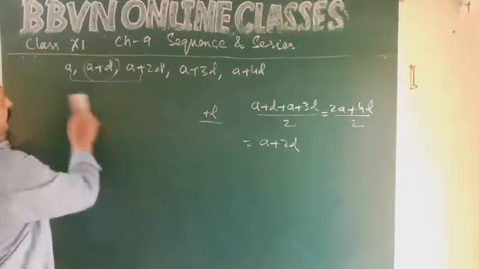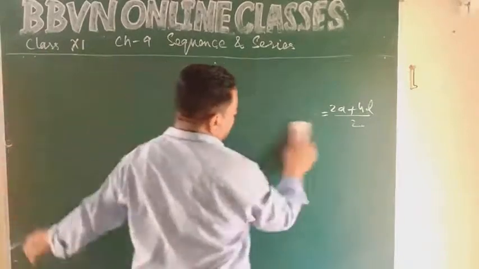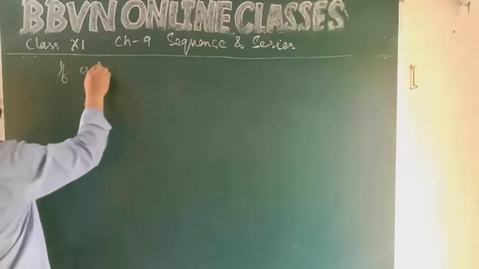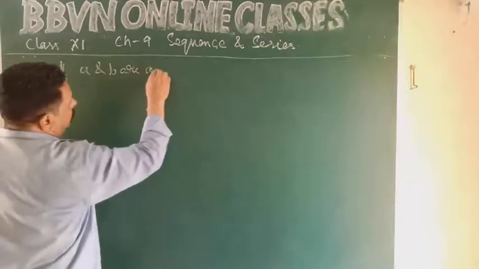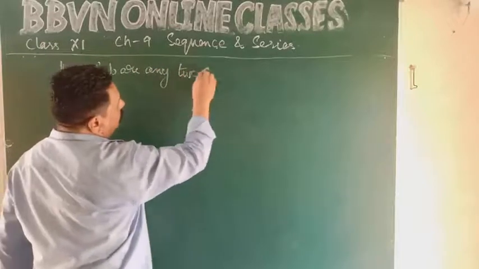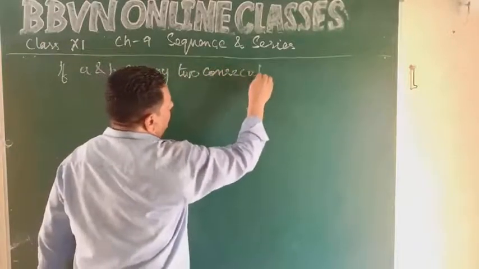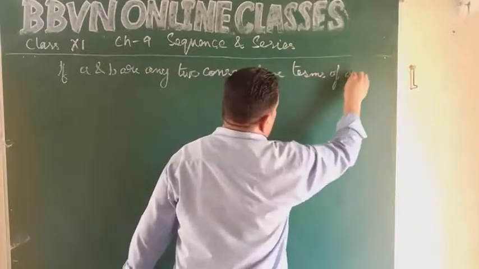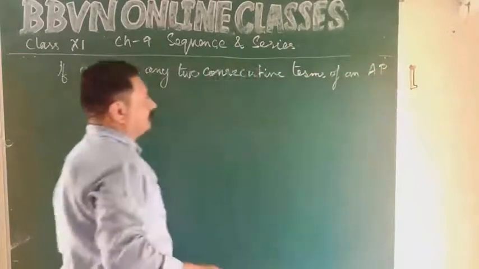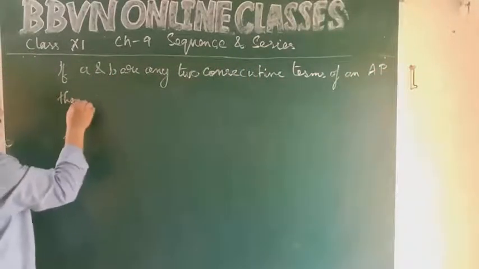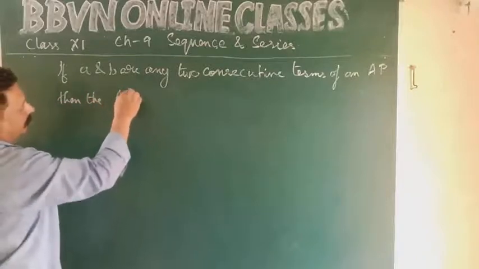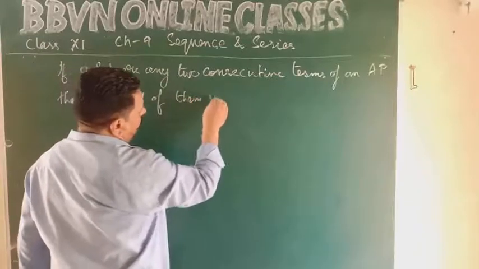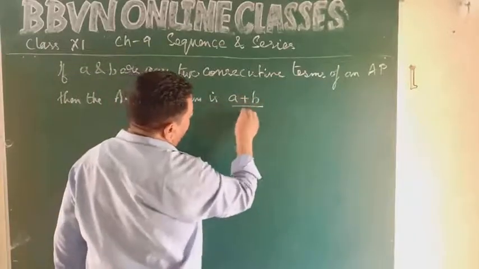So in general, I can say, if a and b are any two consecutive terms of an AP, then the arithmetic mean AM of them is a plus b upon 2.